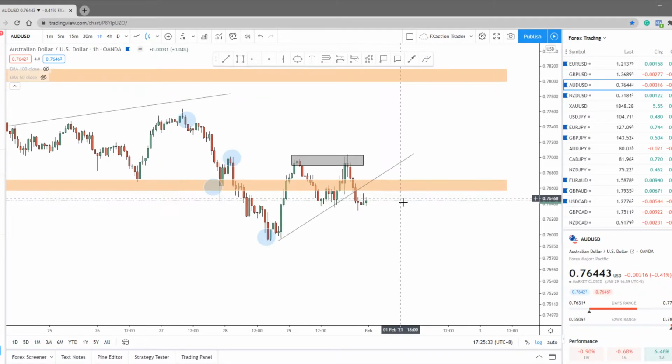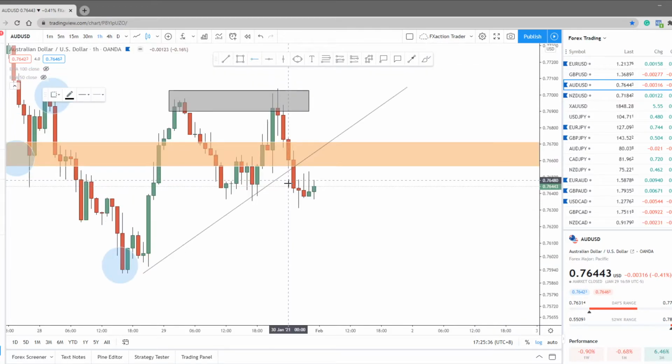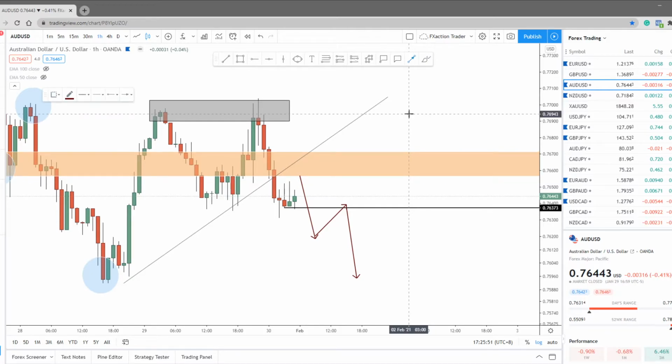We can either wait for this level to be broken and we short after the pullback. So this is the first option. The second option is that we can always go for a more aggressive or a more extreme trade whenever the price is going to retest the resistance level at 0.769, this level.